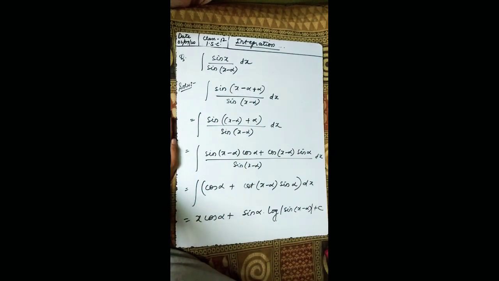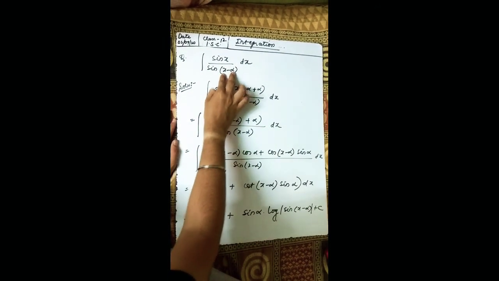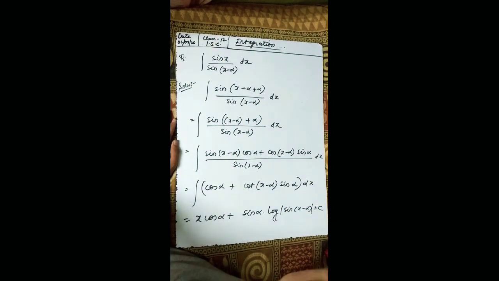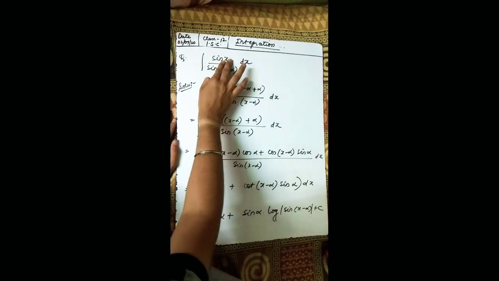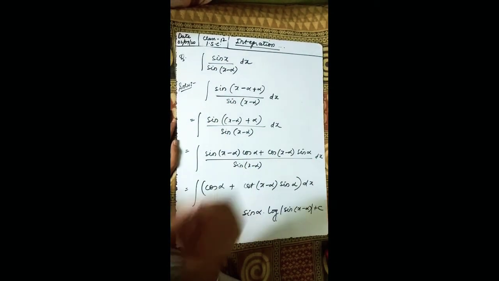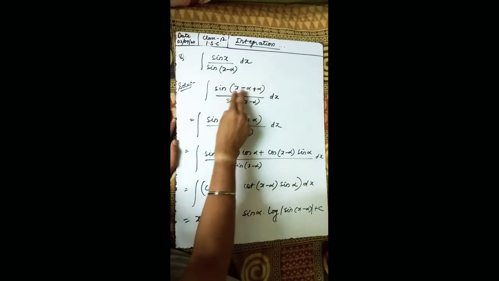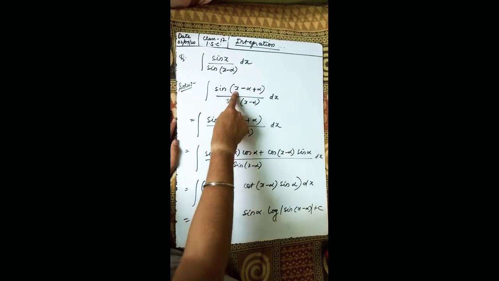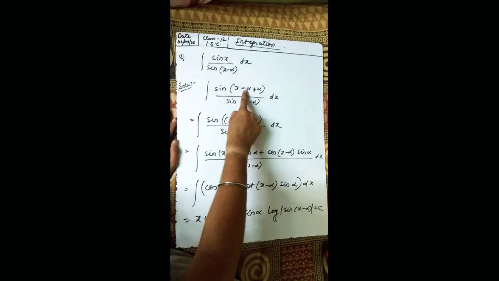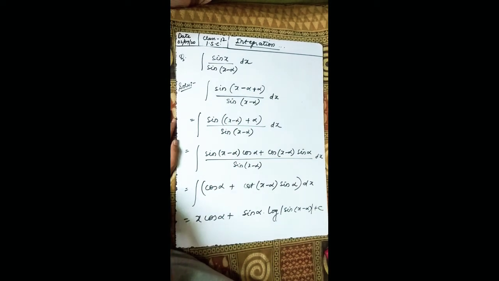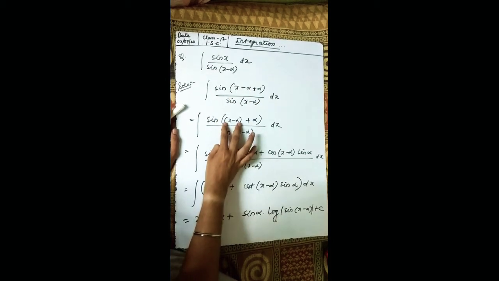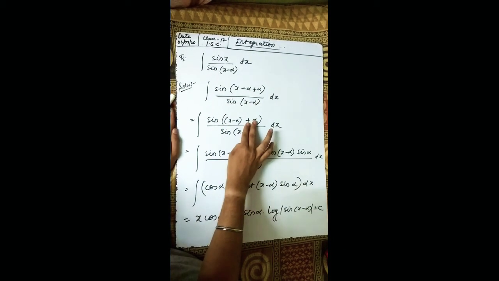To remove this, we need some x minus alpha in the numerator too. As we only have x with us, we are using this trick: x minus alpha plus alpha. In the angle x, I am subtracting alpha and adding alpha, and I'm writing this as x minus alpha in one bracket and plus alpha.